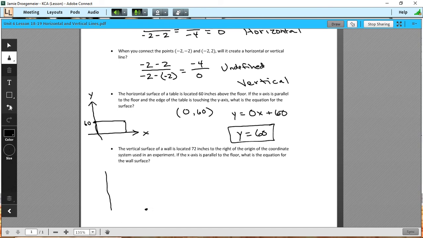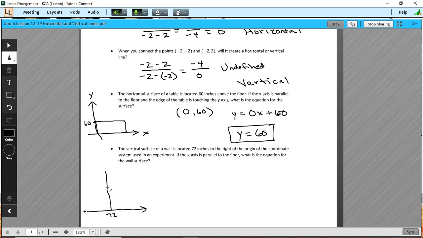Oops, sorry, it said it's to the right of the origin point. So this is our origin point 0, 0. So thinking about this as our x-axis, this would be at an x value of 72.